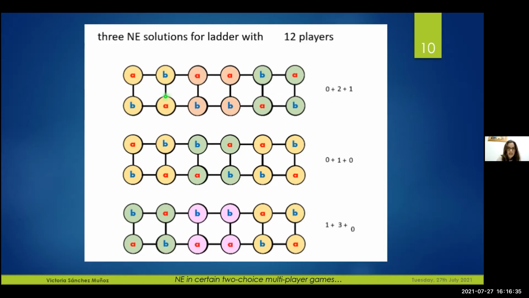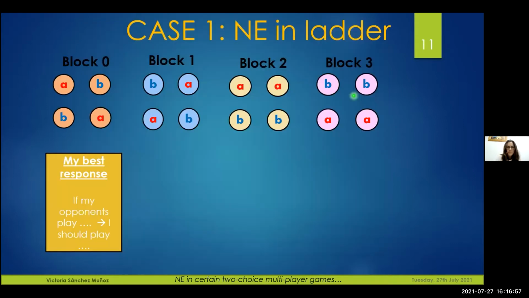So for instance, that's why the color is there. So for instance, this corresponds to block 0, this corresponds to block 2, and this corresponds to block 1, and so on for all the others. So we can, as I said, identify each solution with a sequence of numbers.